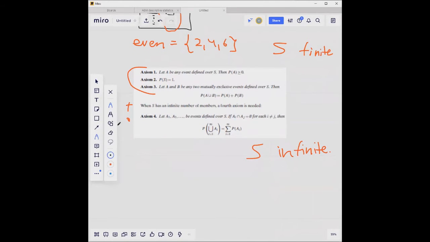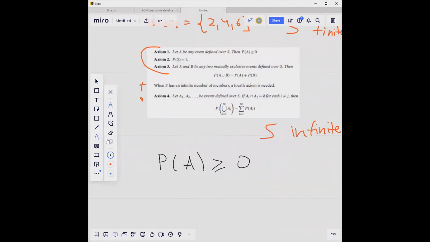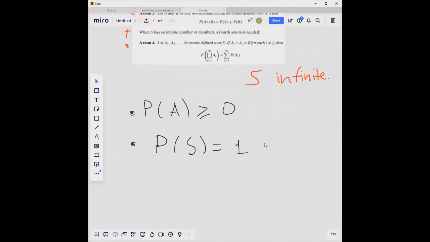So axiom number 1 states that the probability of an event cannot be negative, or probability of A is greater than or equal to 0 if A is an event. A pretty straightforward axiom. Next one is probability of the sample space is equal to 1. So in other words, no outcome outside of those defined in your sample space is possible.